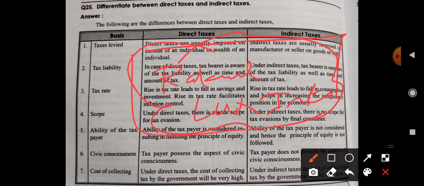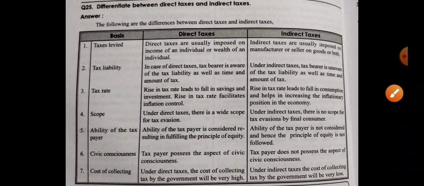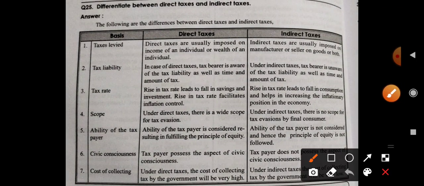And same soap, Lux International, if purchased by any common man whose total income is less than 2,50,000, they also pay the indirect tax. So ability of taxpayer is not considered in case of indirect taxes. In case of direct taxes, it is considered.